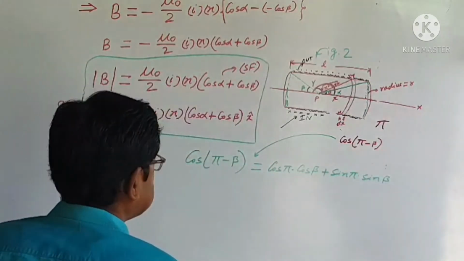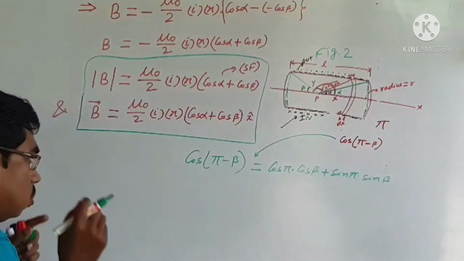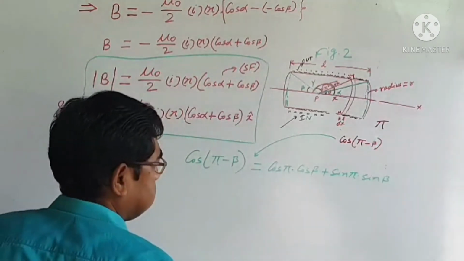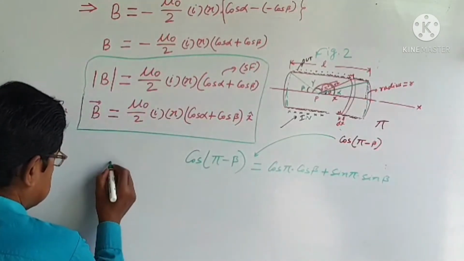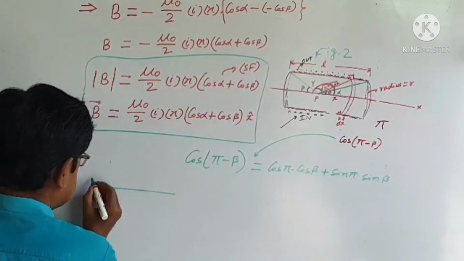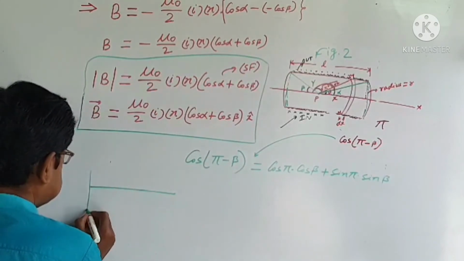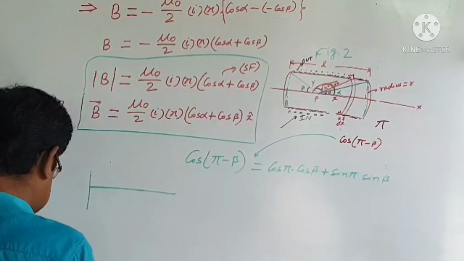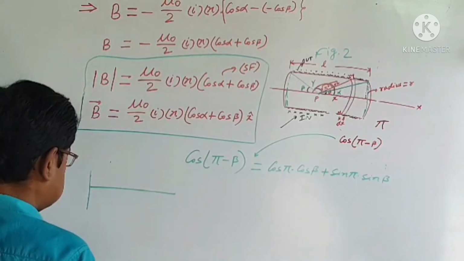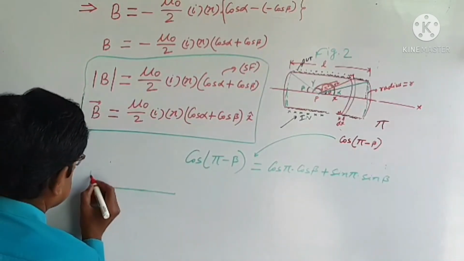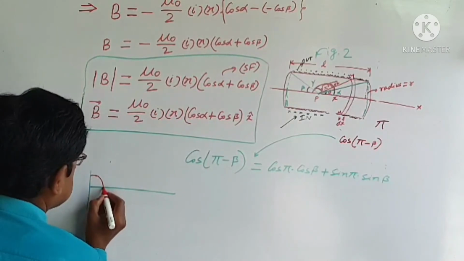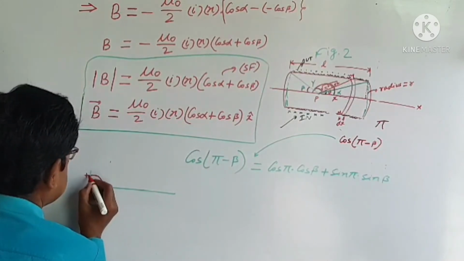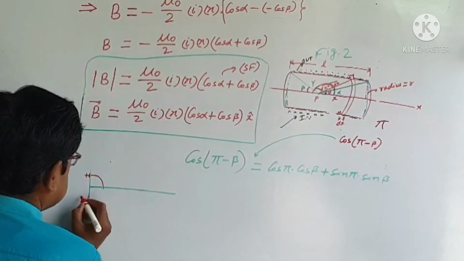Now, you should know the graph of cosine and sine. Suppose this is plus 1 and this is minus 1.